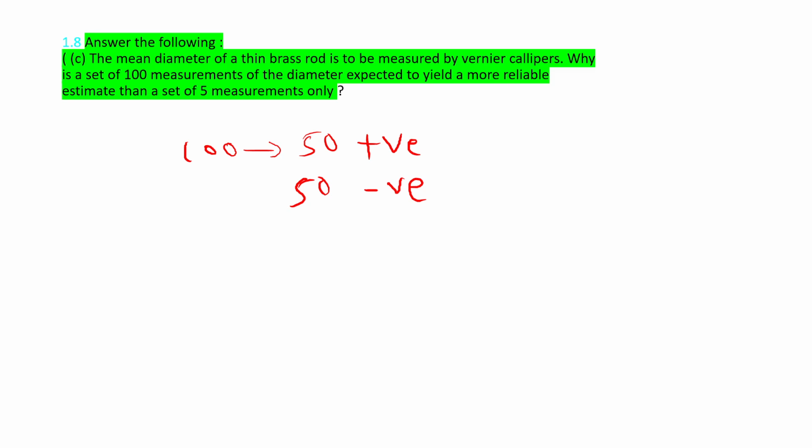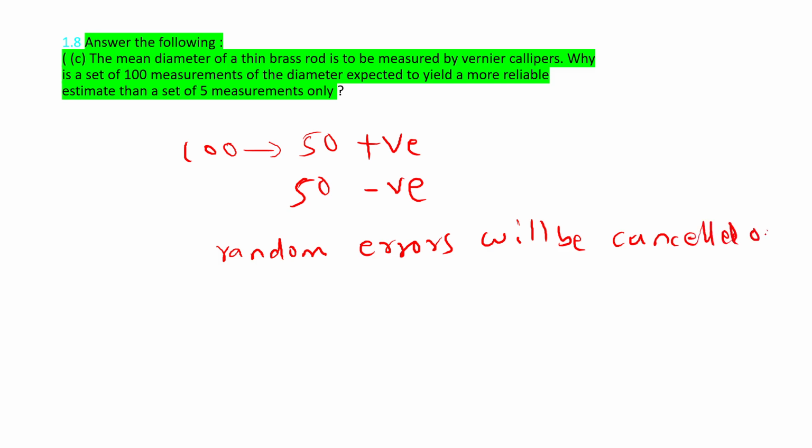So both will be cancelled out, and you will get a better result. So what is the reason they suggest 100 measurements? Because the random errors will be cancelled out.